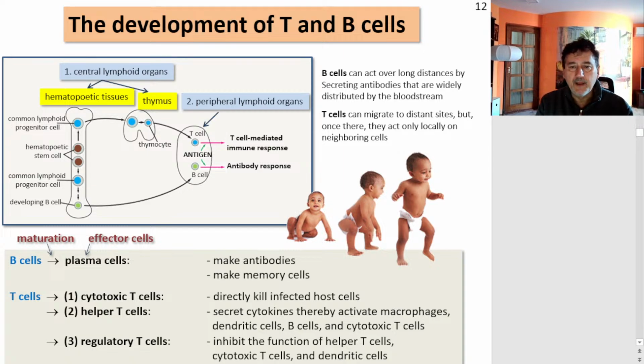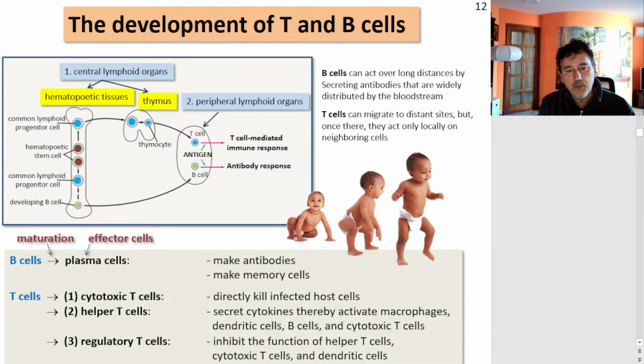Here we can see the development of the T and the B cells. Every blood cell, including the lymphocytes, started its life within the bone marrow, while the B cells remain within the bone marrow for further differentiation. Therefore, we call them B cells.